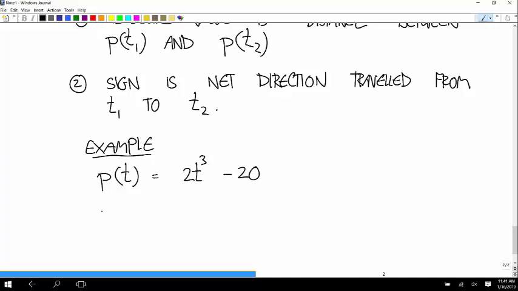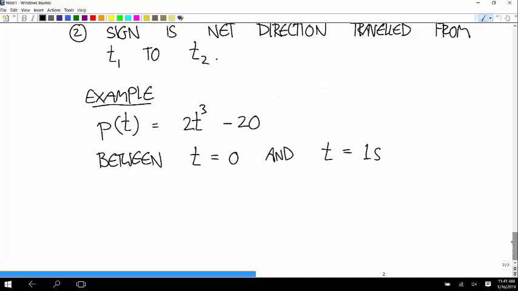And let's say between time equals 0 and time equals 1 second, we want to answer these questions.